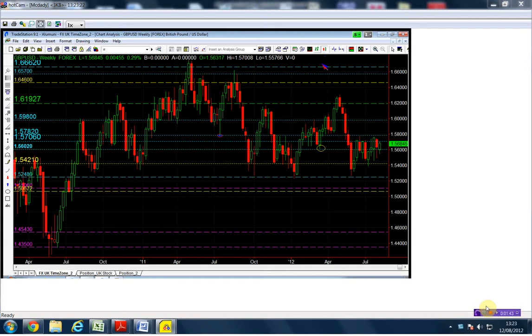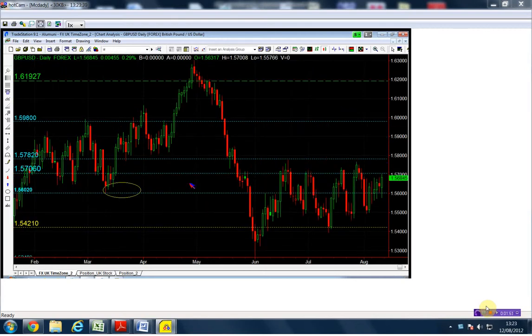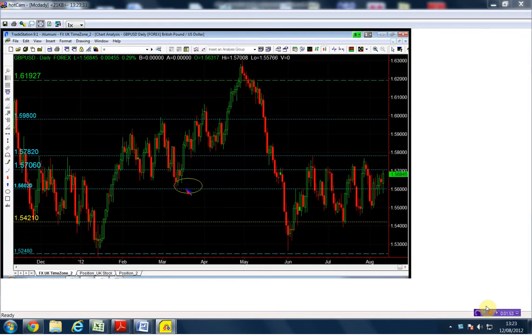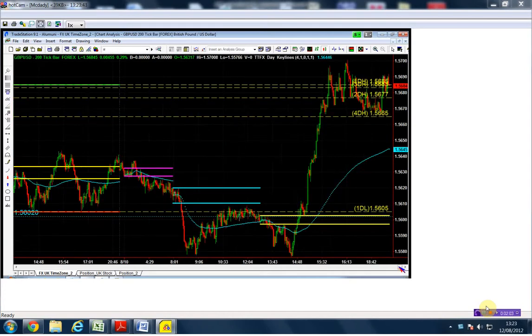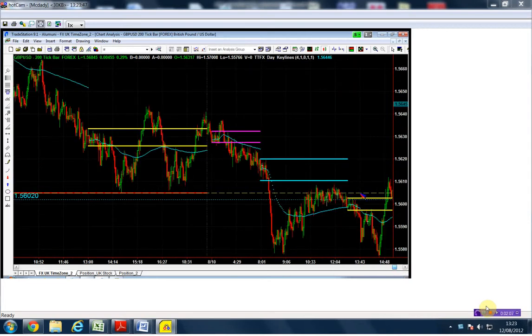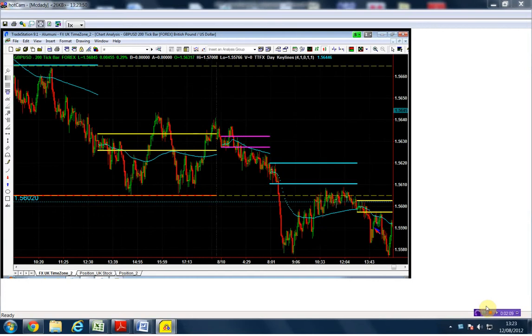If you look at the daily chart, this is the 156.02, and if you look at this day here on Friday, this is how it looked. And we were trading Friday in the room, if you guys can remember. We were taking the pound short, we took the pound yen short.